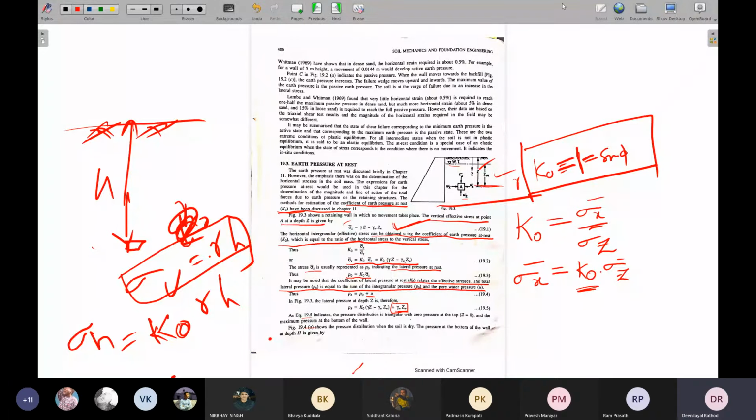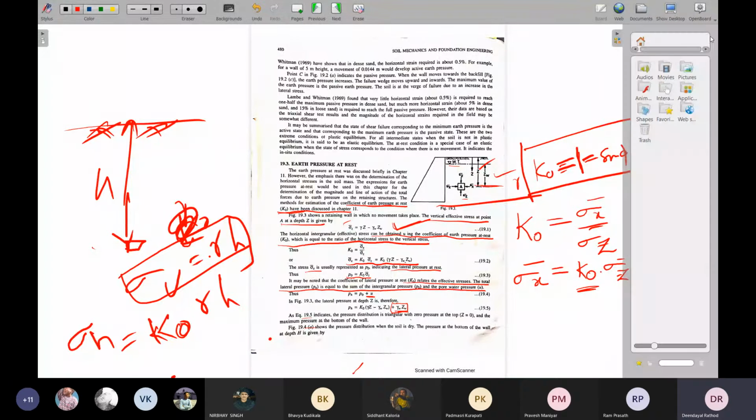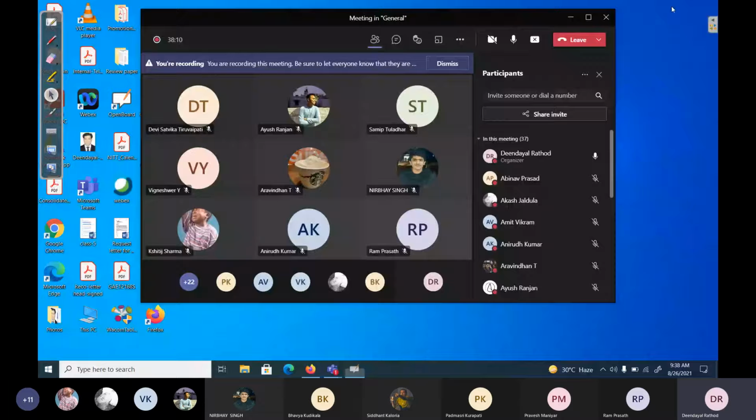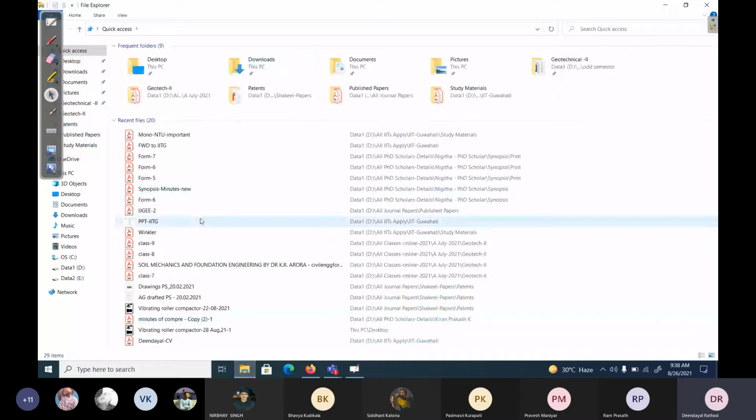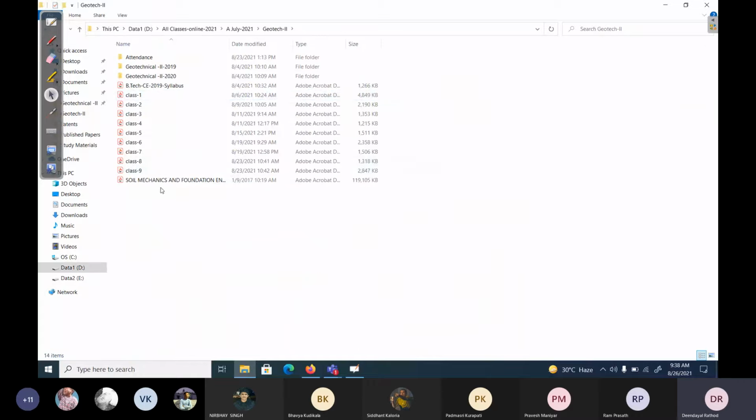These things have gone. In chapter 11. Did you check that one? It would be there. Anyway, that we'll see. Geotech 2, I will show that one.